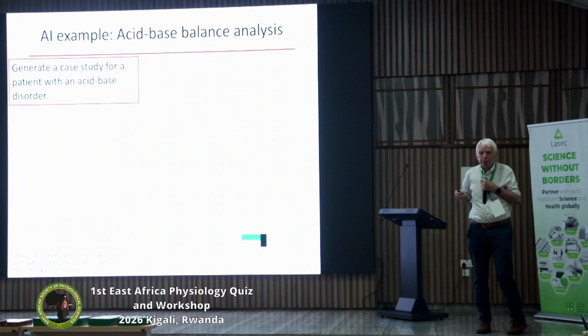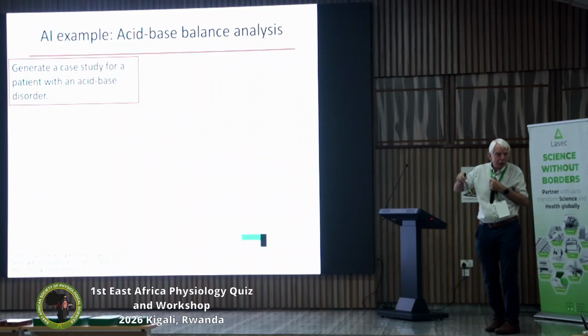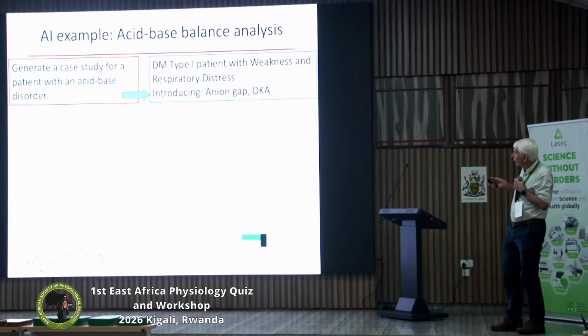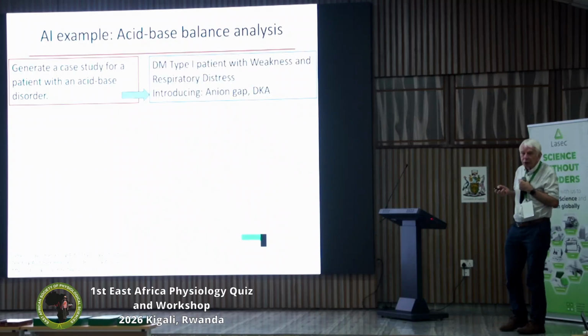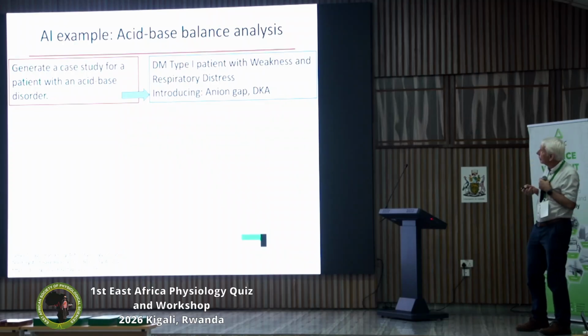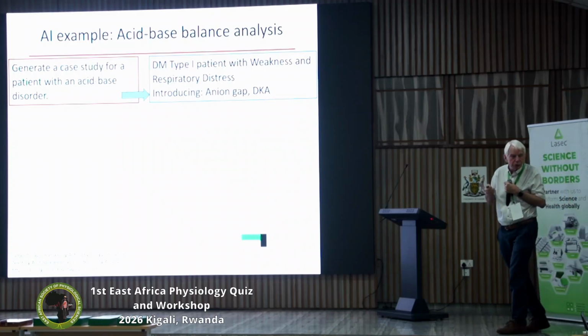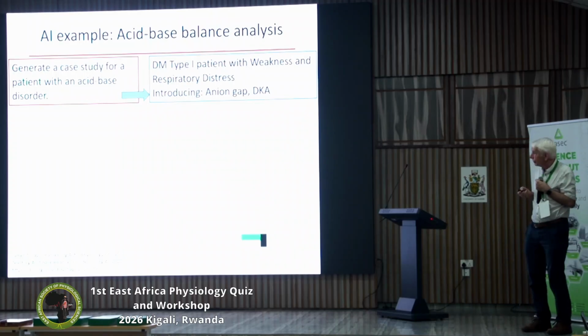You just type ChatGPT in your search in Google, and then you will find access. So you can ask a question simply: generate a case study for a patient with an acid-base disorder. It's a simple question. You can ask it to ChatGPT, and it will come with an answer.